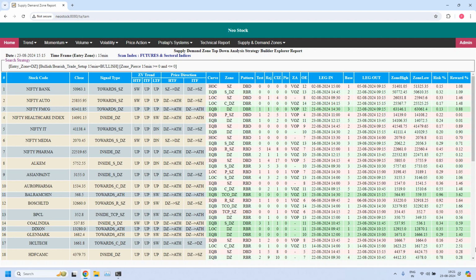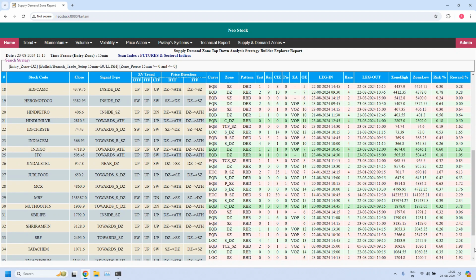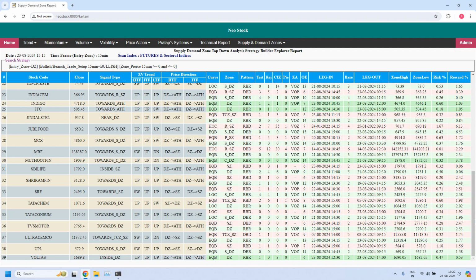Let me scroll the list down. Let me further scroll the list down. So total 39 stocks are filtered. Currently these 39 stocks are supporting bullish trade setup for a daily income trade.